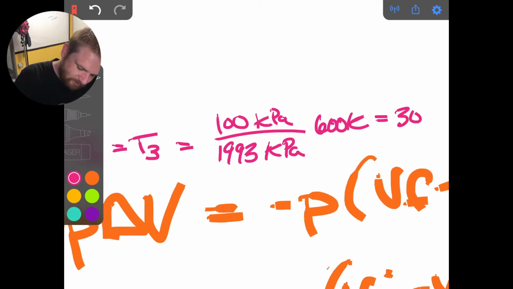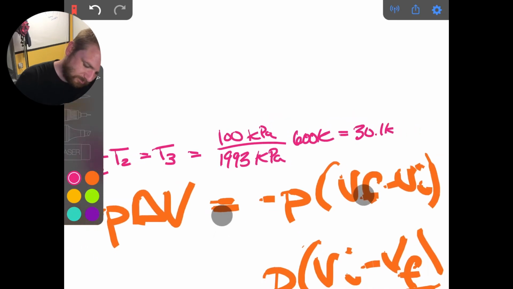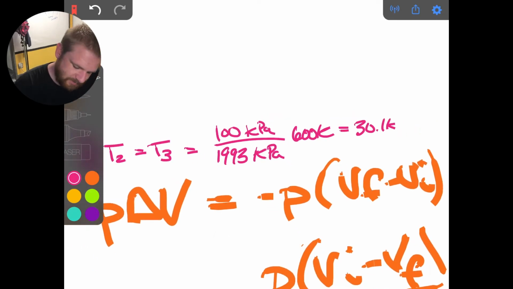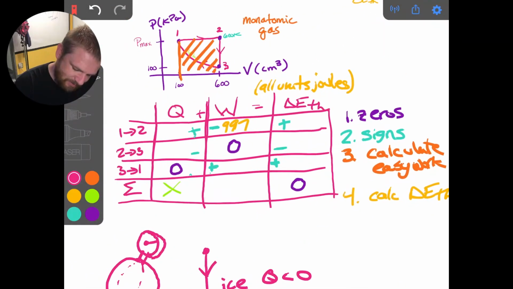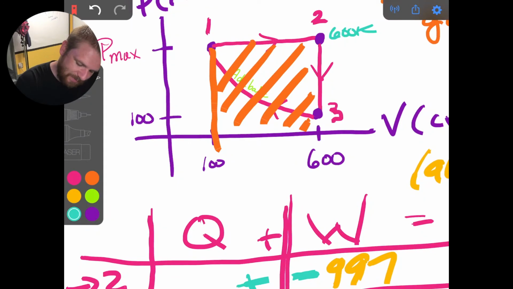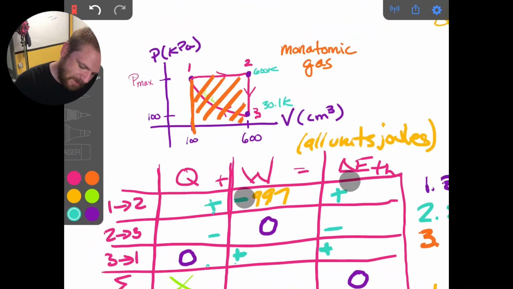Cold. Great. So let's go ahead and drop that into our chart here. We don't have a chart for that here, but we can label it on our diagram. We have 30.1 Kelvin here at state 3.